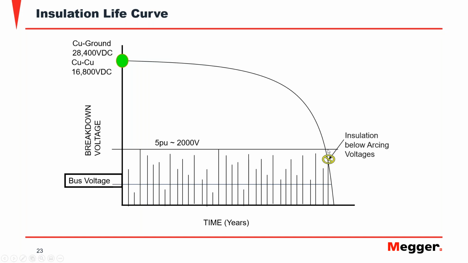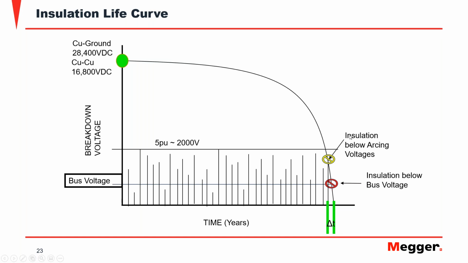The first is that the insulation of the machine touches the maximum voltage of the spikes. I chose to represent this here as the voltage on one of the spikes and not at the maximum of 5 per unit, but you could see that as long as you are below 5 per unit, you are in danger. And then at some point, you will have the insulation below the bus voltage, which happens pretty quickly after the motor's insulation goes below the arcing voltages.